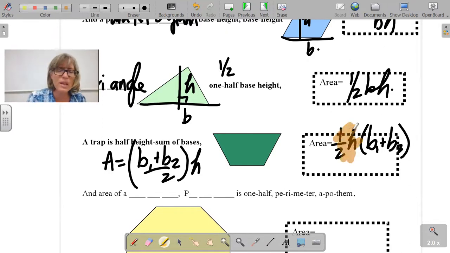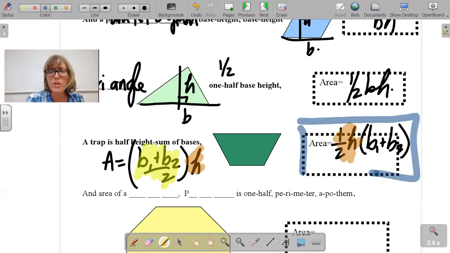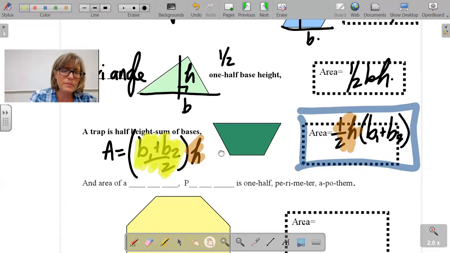Half height, sum of bases is the same as average of the bases times the height. If you look up in a textbook, this would be the given equation. This is the equation I taught you in class. I think it's more simple. The average of the bases times the height, half height times the sum of bases, those are equivalent equations.